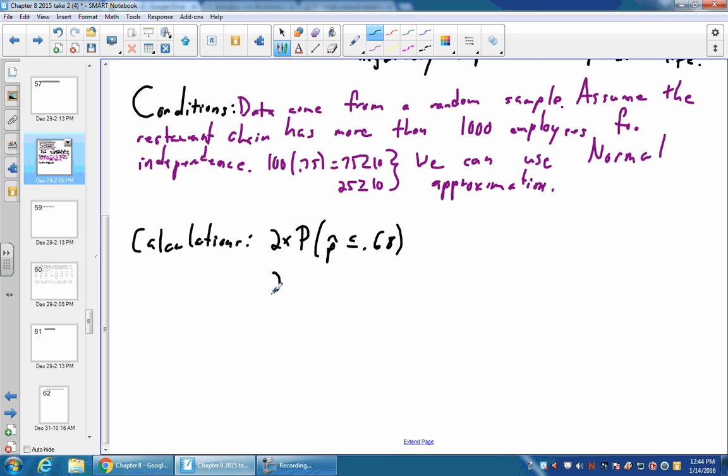So we're going to take 2 times the probability that we get a z-score less than or equal to 0.68 minus our mean of 0.75, all over our standard deviation, 0.75 times 0.25 over n, which was 100, and then square root that.